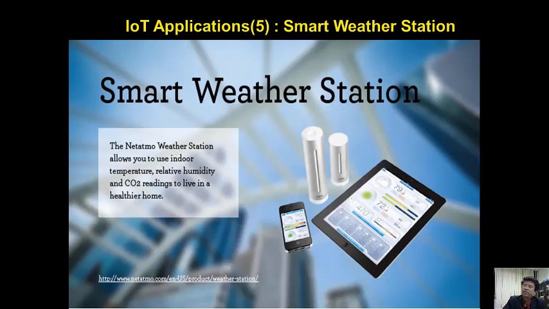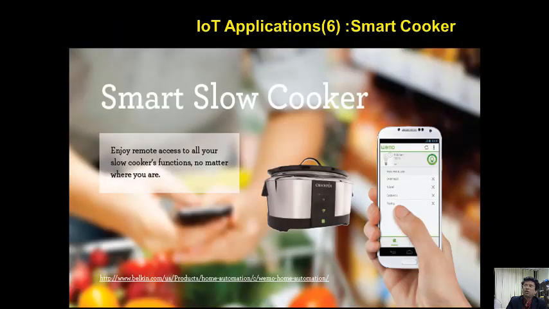Or it could be a smart weather station, which controls the temperature inside the room and the humidity inside the room, and gives you a healthier home. Or your cooking application. So these are some of the products that are already available in the market.